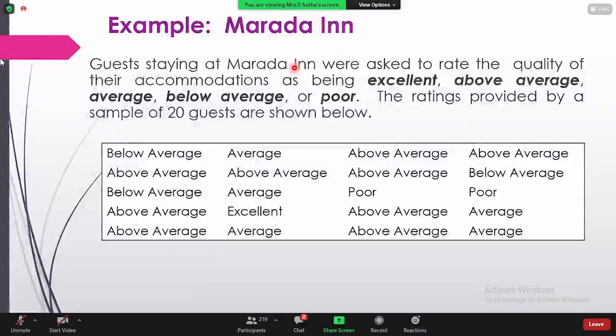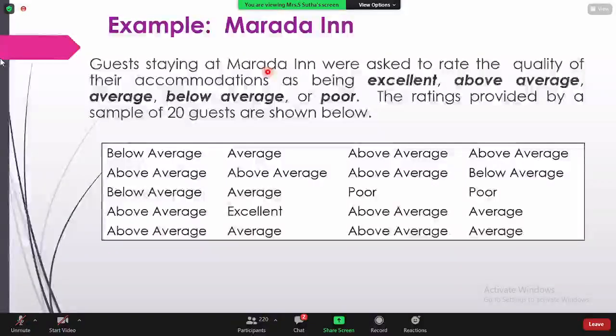Now I am asking the variable. You have to define the variable in terms of the given problem. For the given problem, you have to define what variable we consider. So based on this given scenario, the variable is quality of the accommodation provided by the hotel, right?